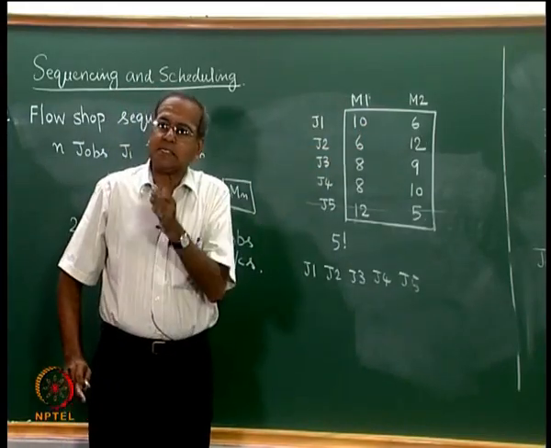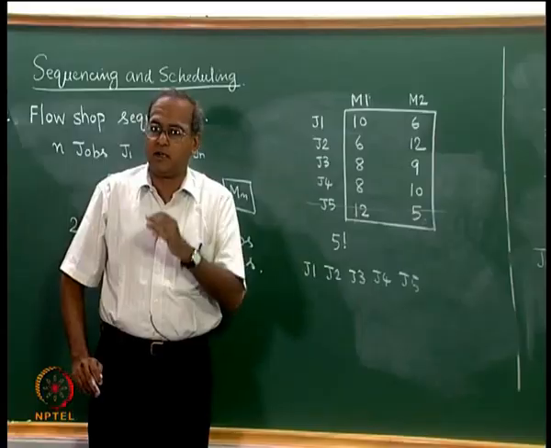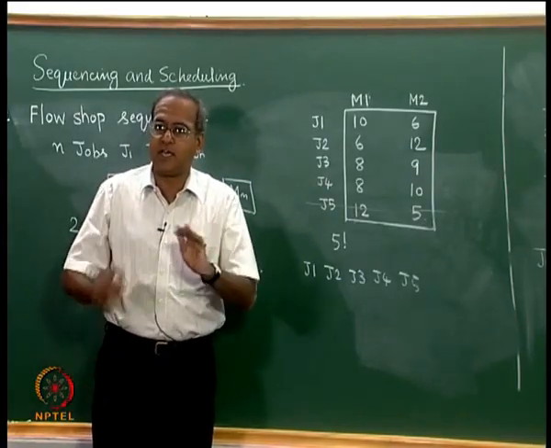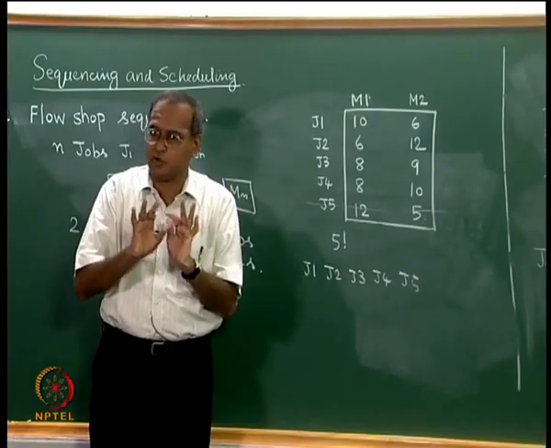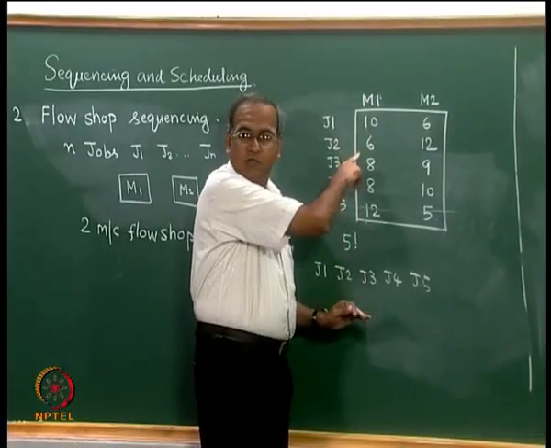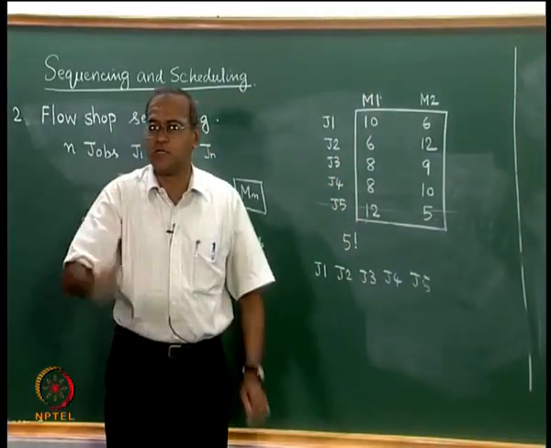The fact that it is on M2 in one case and on M1 in the other indicates that it is actually not a tie, and we can break it arbitrarily. There is no problem at all if it happens to be on M2 as well as on M1 for two different jobs.